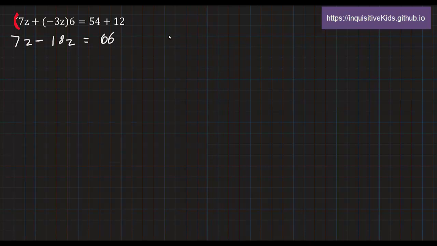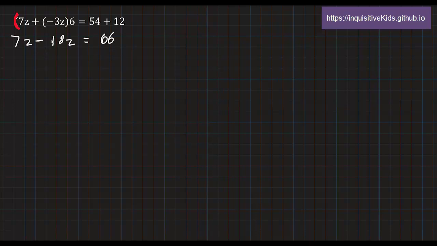Now, let us check. Are there still any other things to simplify on each side separately? No. Really? Actually, there is still something to simplify. Look over here. We have 7z minus 18z, which is equal to 66.